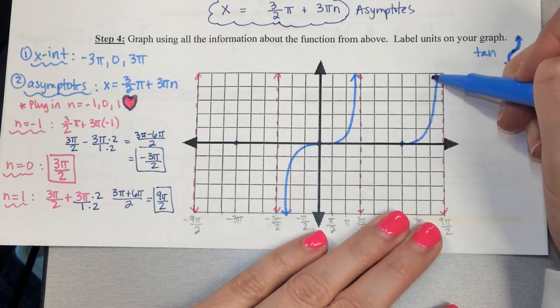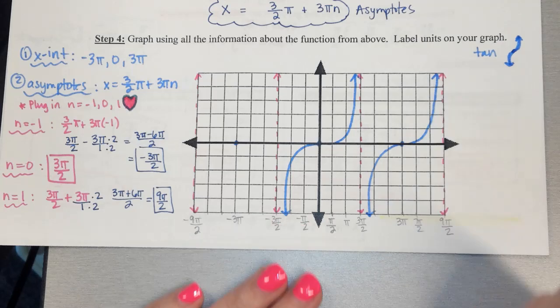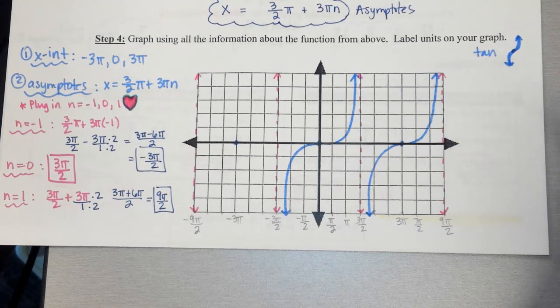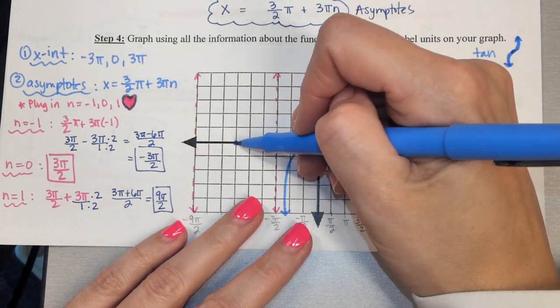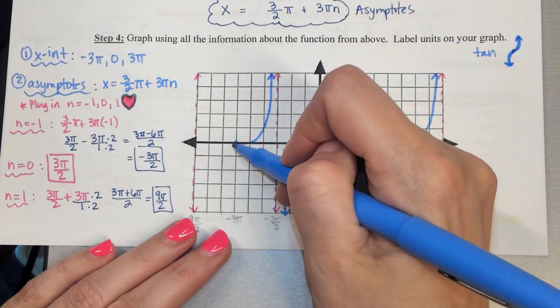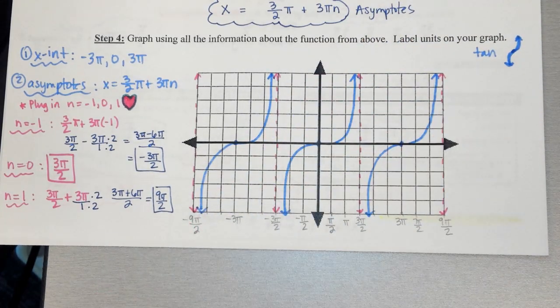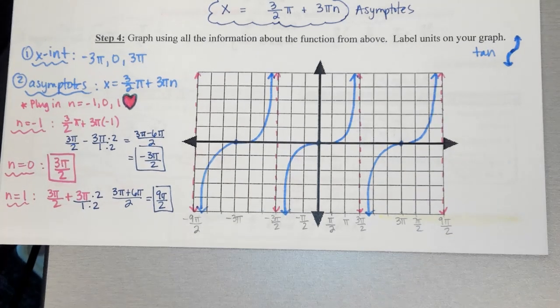So it should be following that asymptote. You do have a horizontal stretch here, which means the graph is being pulled apart. And that's why you have these thicker graphs. Okay, they're wider.